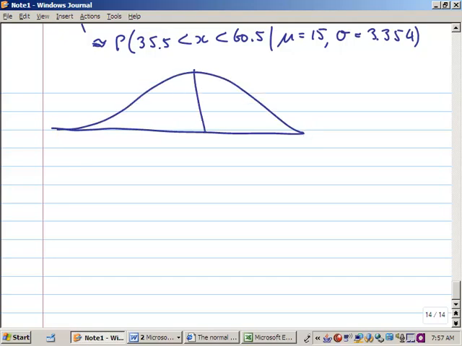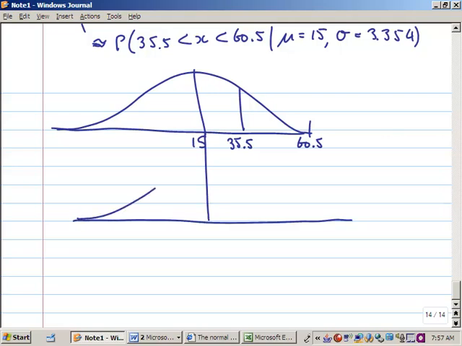Diagram. Mean of 15, and we're going from 35.5 through 60.5. We're going to translate this to the z distribution. Find the z values corresponding to these two limits.